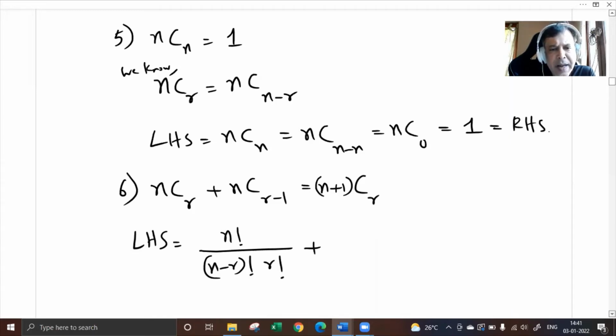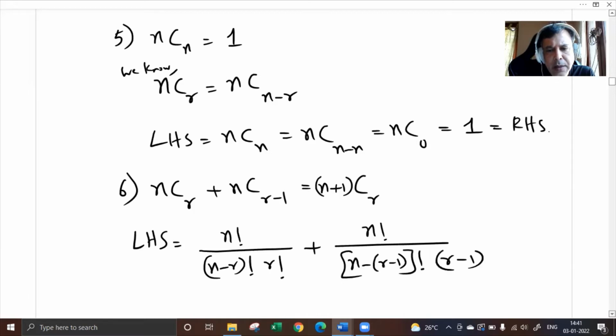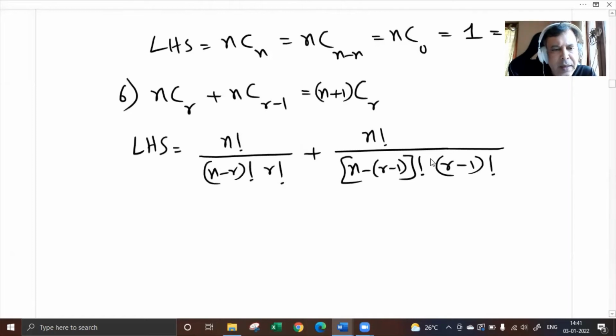Then if I expand nC(r minus 1), it is n factorial divided by (n minus (r minus 1)) factorial into (r minus 1) factorial. Now we may notice that n factorial is common. We can take it outside, and inside I can write it as 1 by (n minus r) factorial.